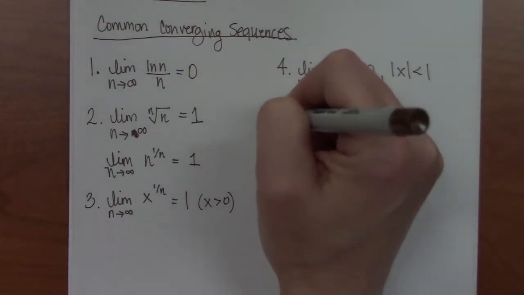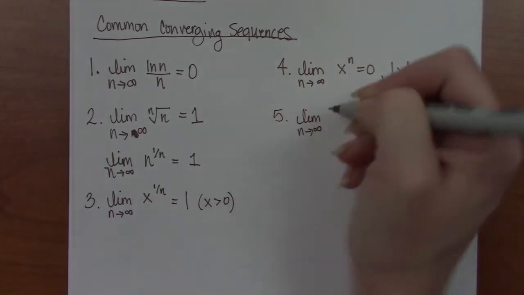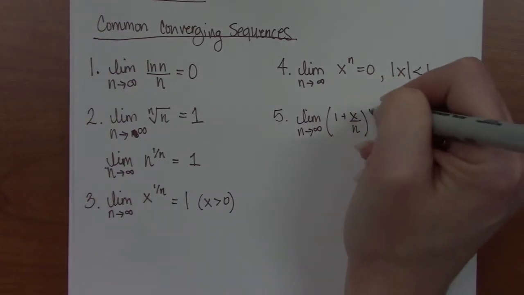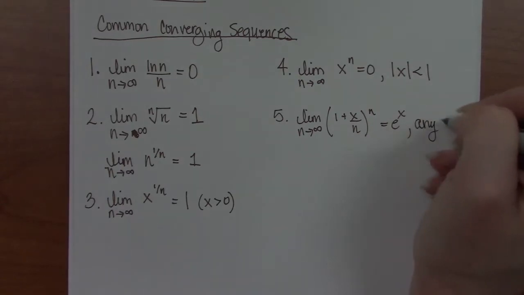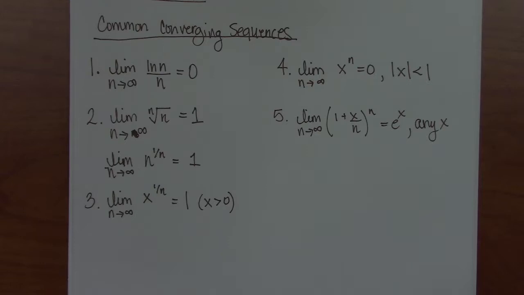All right, and then we have this guy, which we proved in class. So, right, we said this is just going to turn out to be e to the x, and this is true for any value x we pick.